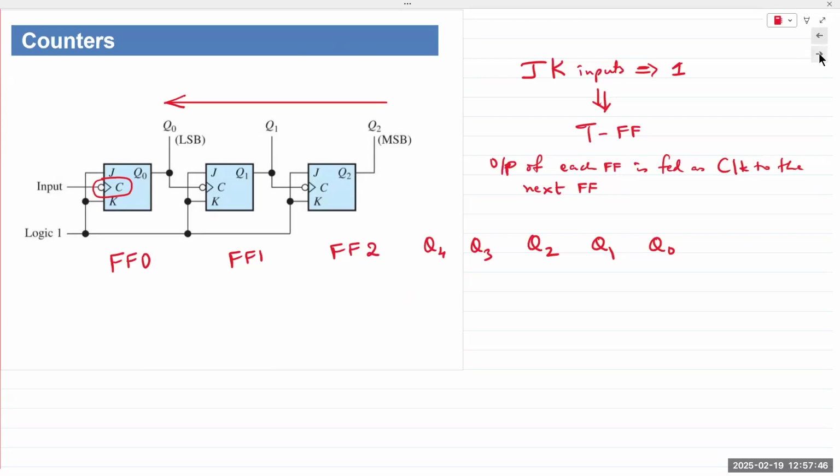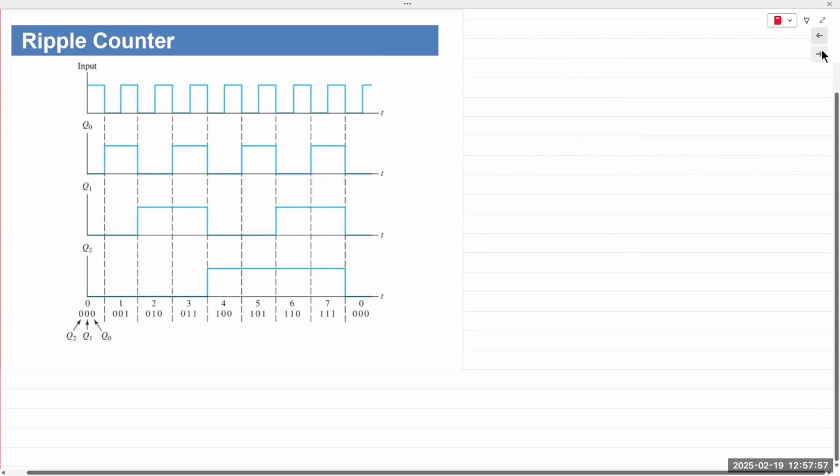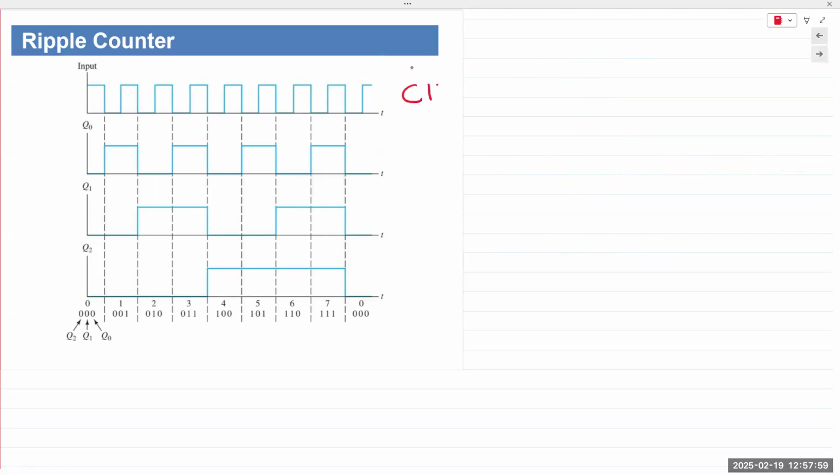And let's use a timing diagram to show how this would function. Keep in mind, all 3 of them are negative edge trigger. So if this is your clock input to the first one, clock input for flip-flop 0, let's mark out negative edge trigger for all of them.